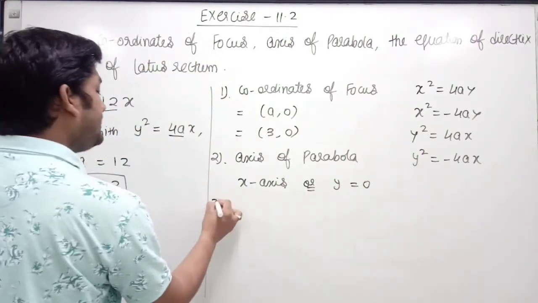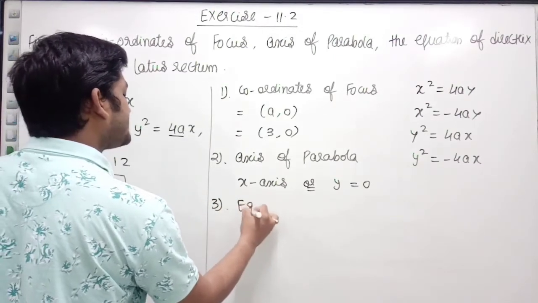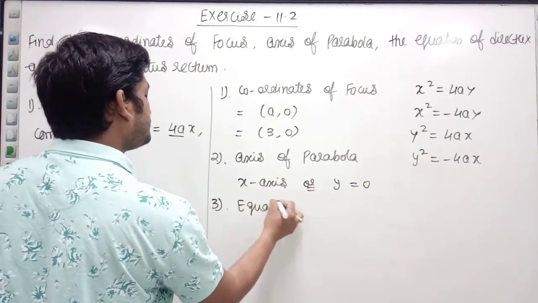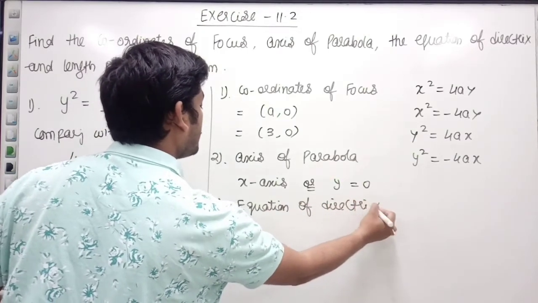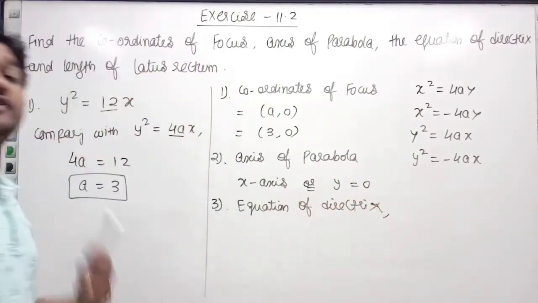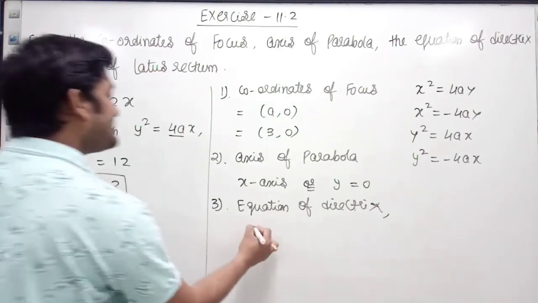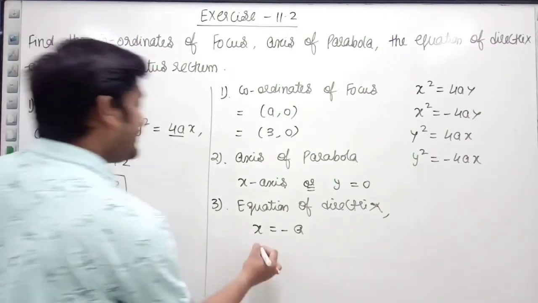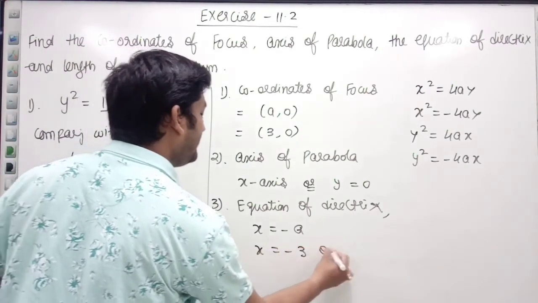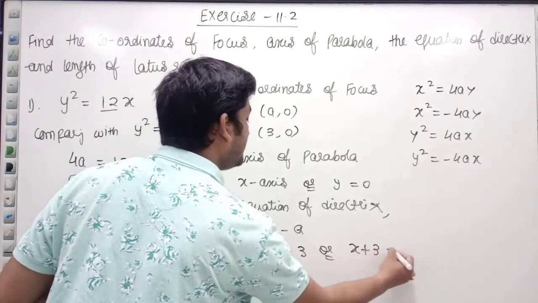The third thing is equation of directrix. Equation of directrix is x equal to minus a. What is a? A is 3, so we can say x equal to minus 3 or x plus 3 equal to 0.